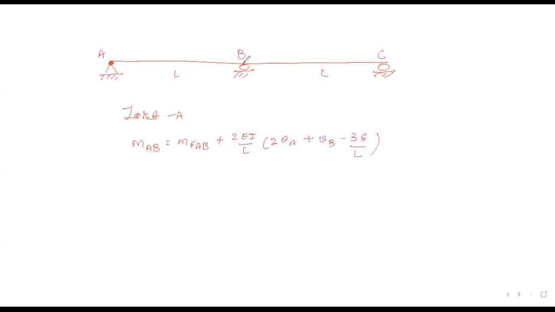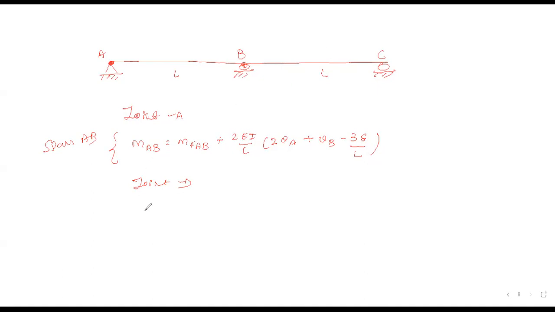Now suppose I am considering joint B, span AB. At joint B, we have two connecting spans, AB on the left side and BC on the right side.